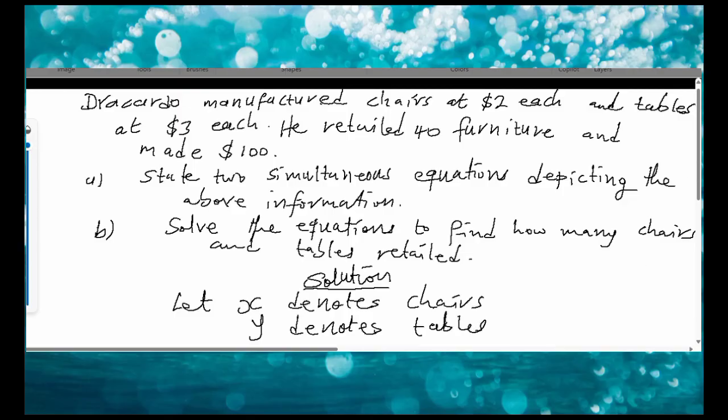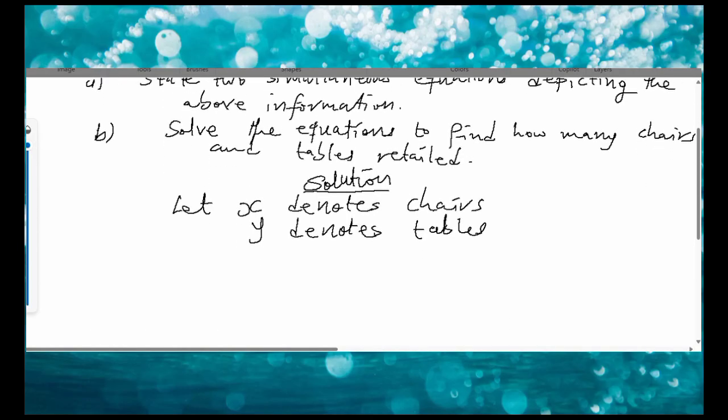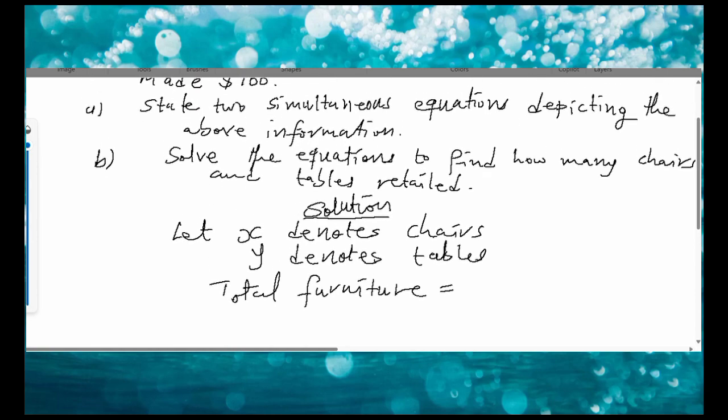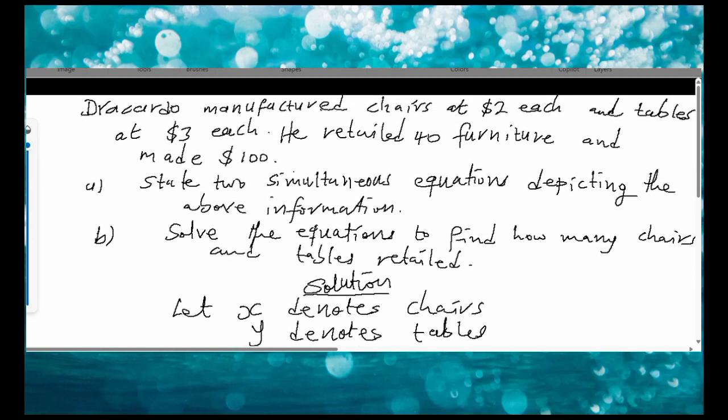Okay, right. So after this denotation, the total furniture according to the question is what? He retailed 40 furniture.